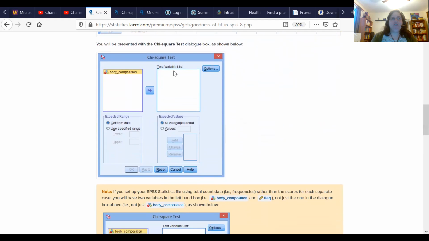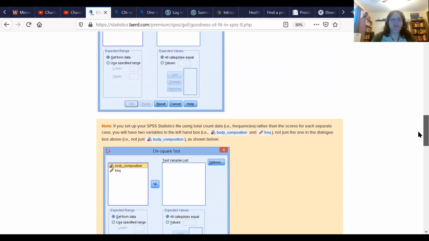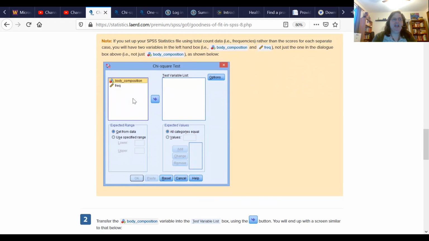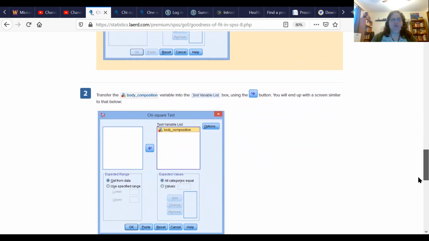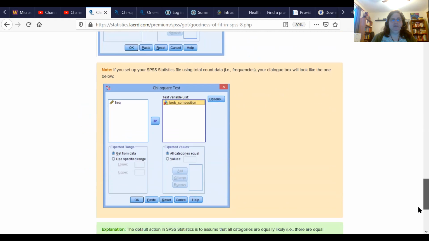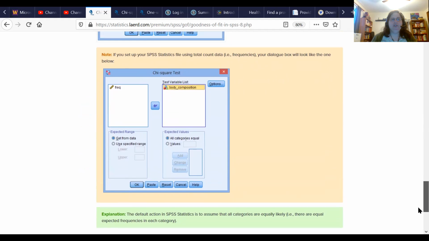And then you have your chi-square test that pops up. You bring over body composition. Now, I do want to point out, if you actually had weighted your data, you would still see the frequency there, and you would just bring over body composition and leave frequency behind. Okay, that's the only one you need.